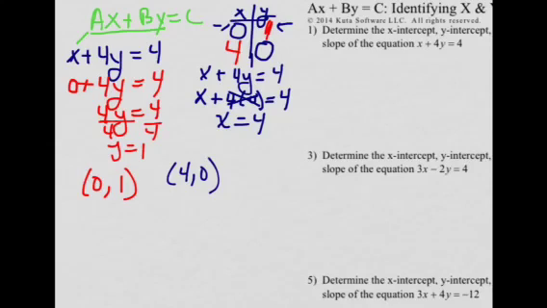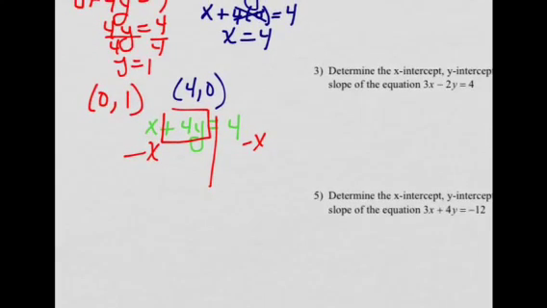Now we still need to find the slope. To get the slope, you can do that easily by once again taking the original equation, x plus 4y equals 4, and solving it for y. So if we solve this for y, draw our street, subtract x, that cancels, and we're left with 4y equals negative x plus 4.